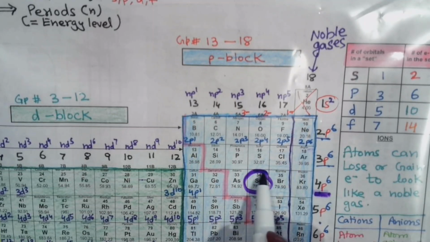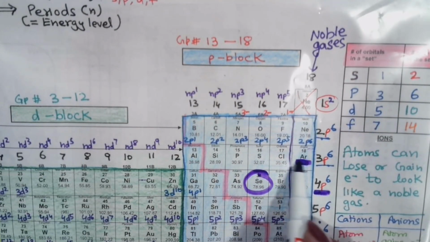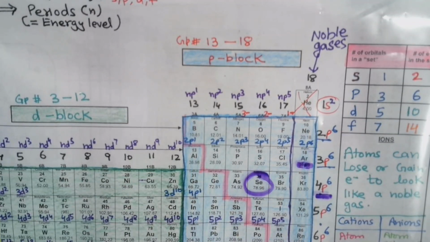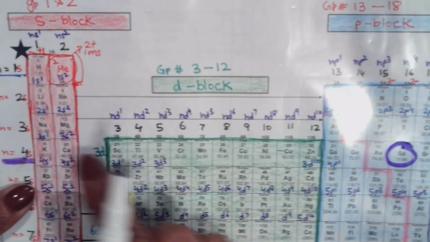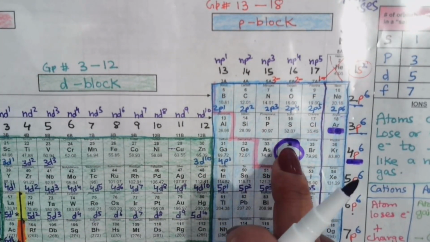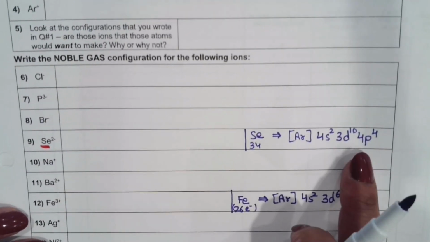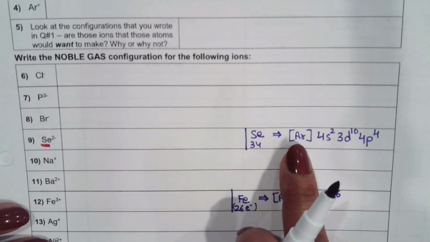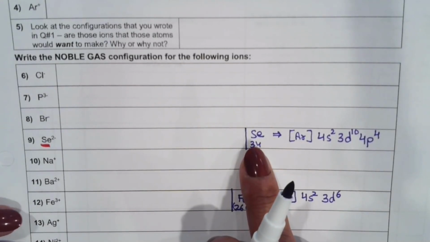So we will use the noble gas in the previous period, which is argon, and then write down the extra electrons. So argon plus 4s2, 3d10, 4p4. So I already wrote the configuration in terms of noble gas for selenium with 34 electrons.